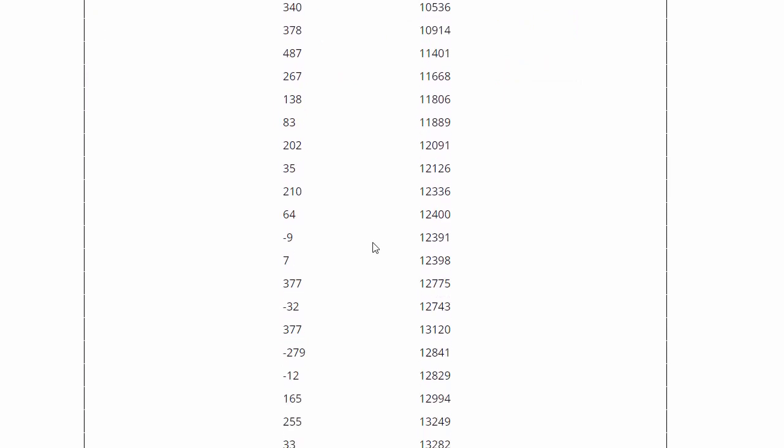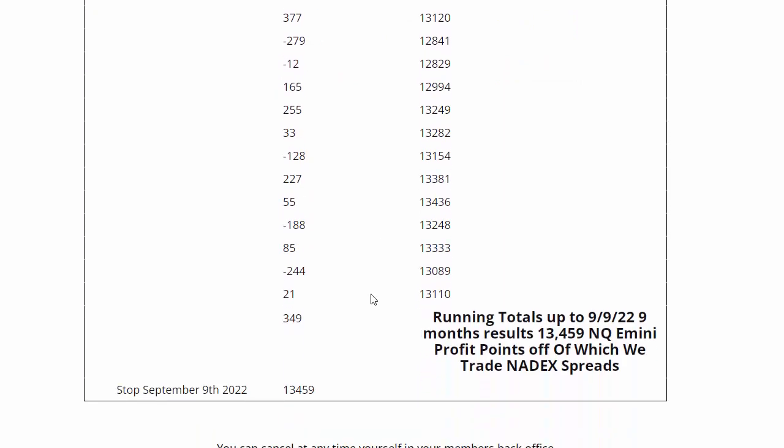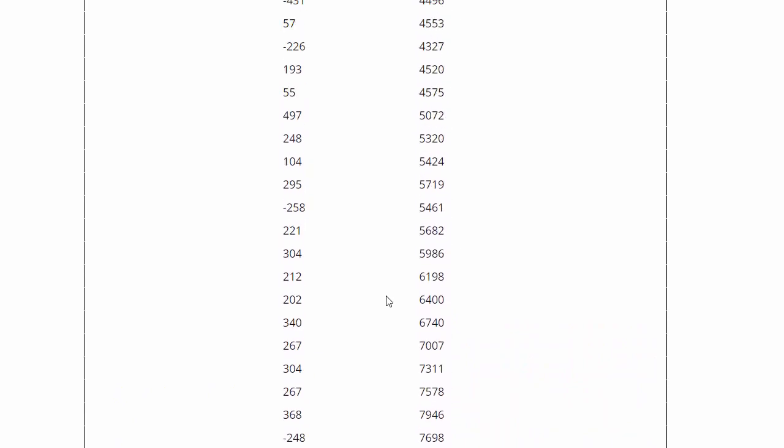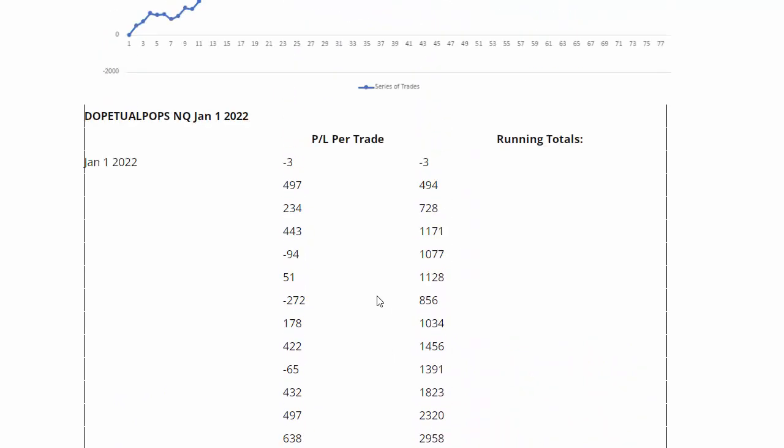We want this type of progression, but that's going to take a consistent approach. With Dopetual Pops, we just want to get it into a groove, which is a habit, so it seems like it's nothing. When you get it to habit stage, you just automatically do it. It's like, I got to brush my teeth. Not a big deal. It's not like I got to figure out this and this and that to brush my teeth.